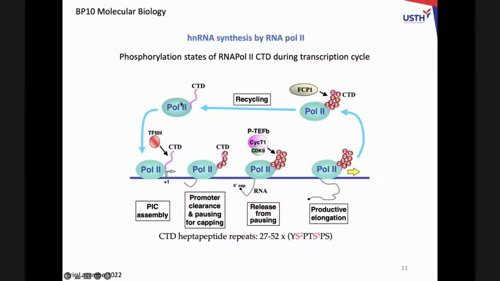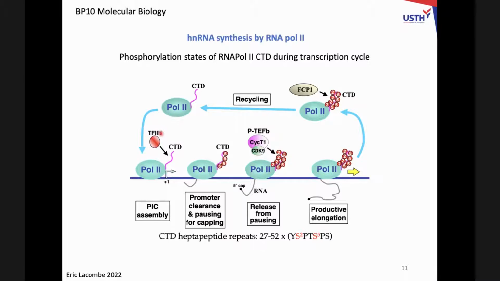So the cycle: first, the promoter has been recognized by TATA binding protein. So the polymerase, which is not phosphorylated, can join the complex. Then, at that stage, we've got everything to start transcription, but no transcription activity because the C-terminal domain is not phosphorylated. So everything is ready to start, but no transcription.